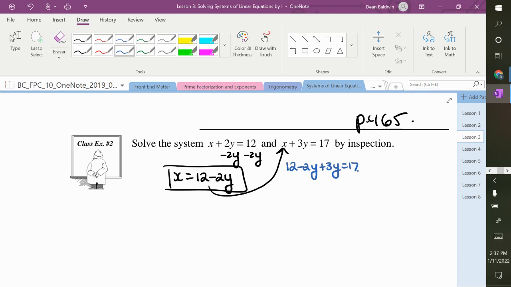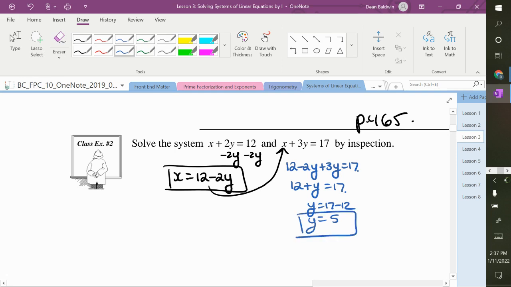Collect your like terms. What's negative 2y plus 3y? That's just y. Then move the 12 over. So I get y is equal to 5. Correct?